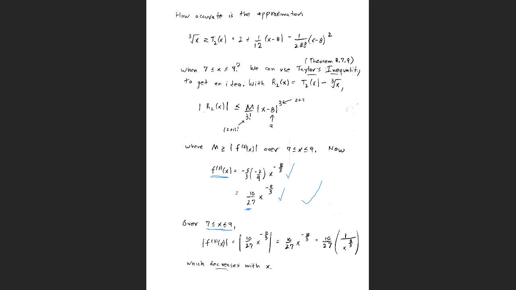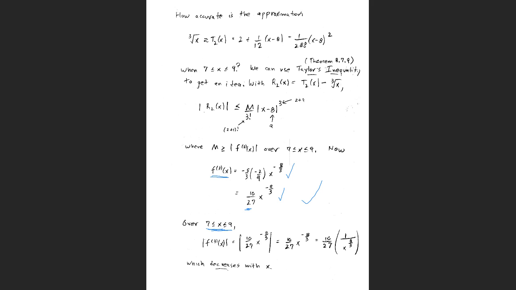Because our Taylor polynomial's center of expansion is a equals 8, we know the polynomial will approximate the cube root of x reasonably well for x values near a equals 8. So between 7 and 9 is a reasonable range of x values.